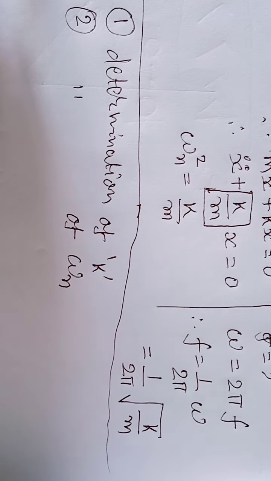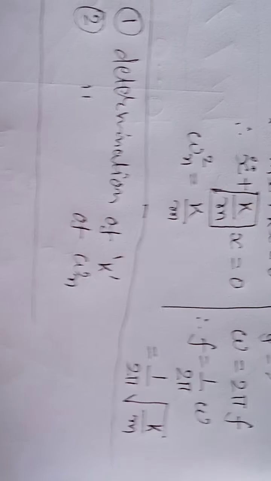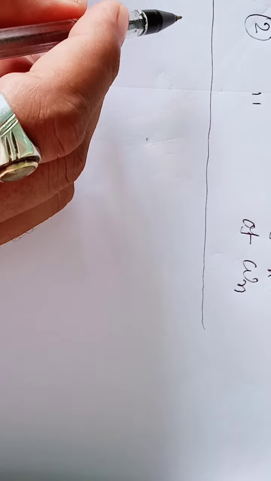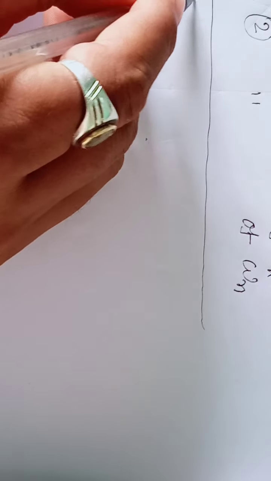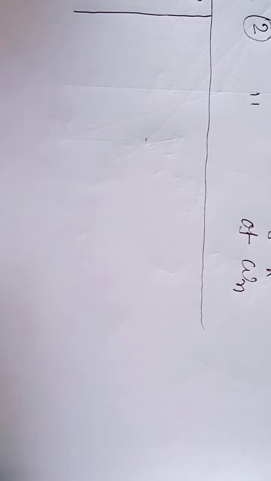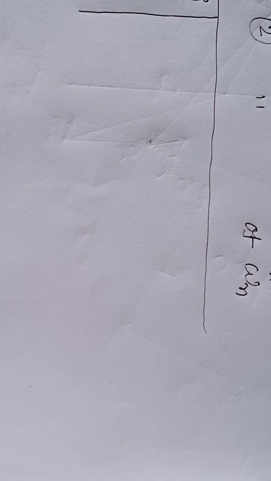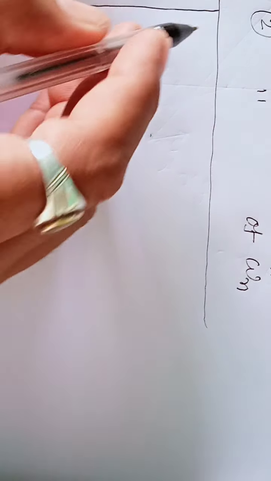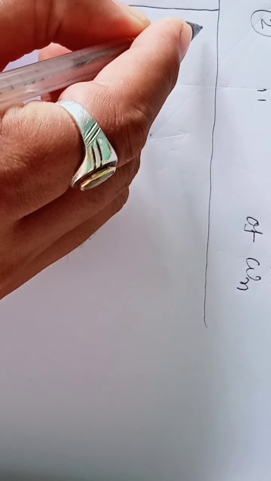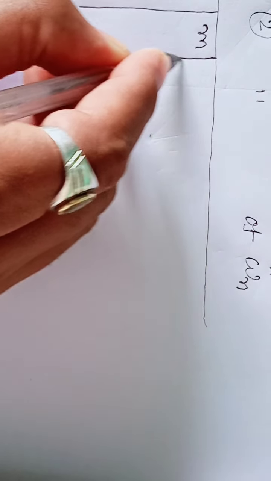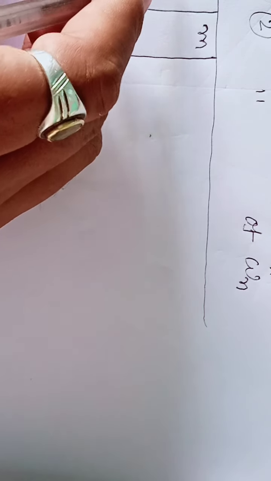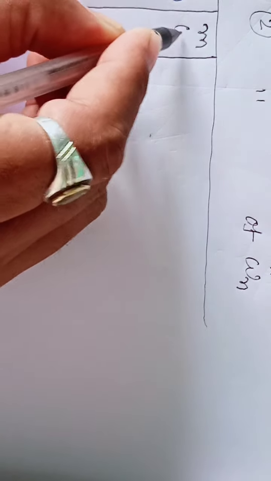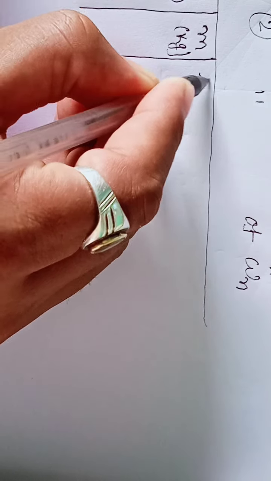Here the observation table is like this. I think from here it is visible. Initial length, then comes mass that you have attached, initial length in meter, mass in kg, final length.